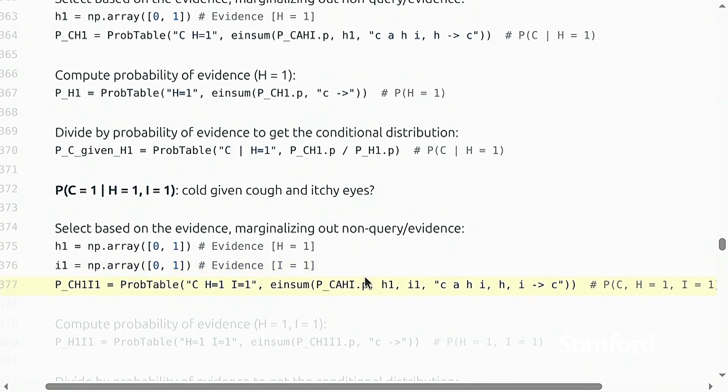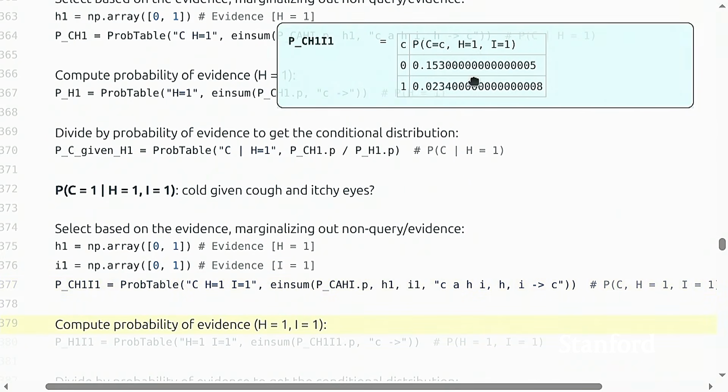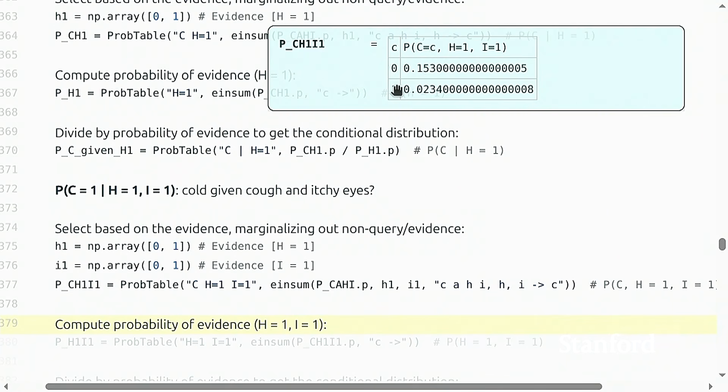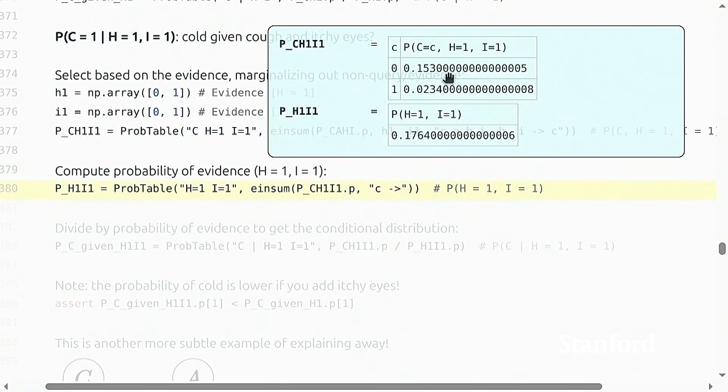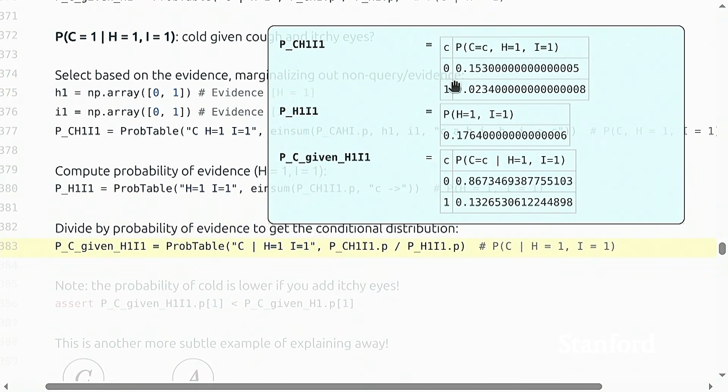You multiply this joint probability by H equals 1 and I equals 1. That gives you the probability of cold and H equals 1 and I equals 1. Compute the probability of the evidence, summing these two, and then dividing. And you see that the probability of cold has gone down.